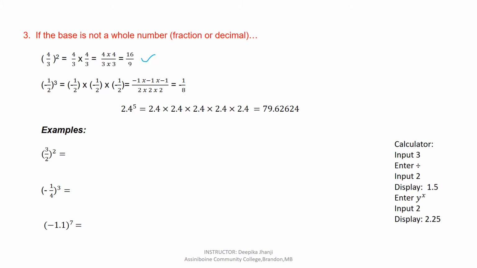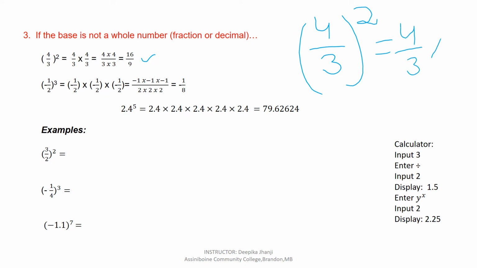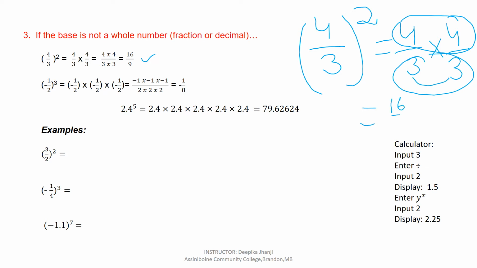If you have a fraction with some exponent, it means this fraction is being multiplied 2 times, right? And how do you multiply fractions? So you multiply top by top and bottom by bottom, right? So you get 4 times 4 is 16 and 3 times 3 is 9, right? So you get 16 upon 9.